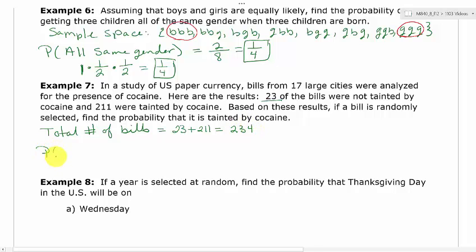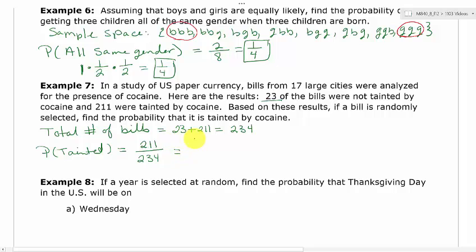We want to calculate the probability that the bill was tainted. And so this is the 211 bills that were tainted divided by the total number of bills, 234.